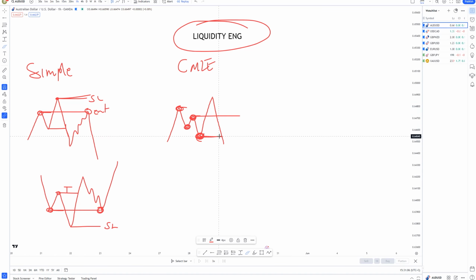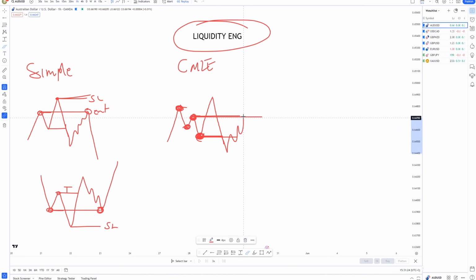Because this is the low that has been broken, we use its high as the entry, because its high is this one and not this one. This high forms this low, and this is the low that has been broken. So this will be our entry point.